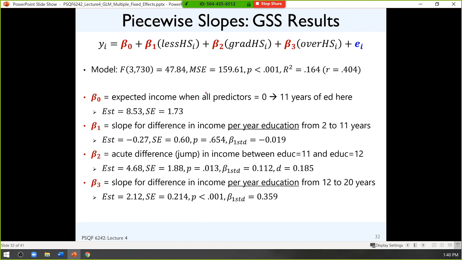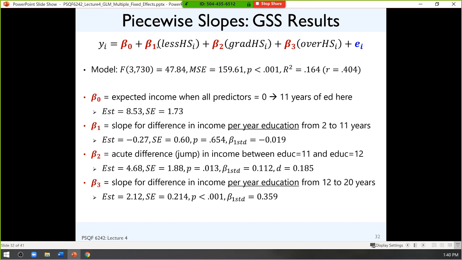Then here's what's going to happen. In the output, since we're running out of time, I'll just show this and then I'll show the coding scheme last time. So here's what my model looks like. I have one predictor conceptually, which is years of education. That's the idea of what's predicting in this model. But rather than putting years of education in directly, I'm putting in the 3 new columns that I just made.